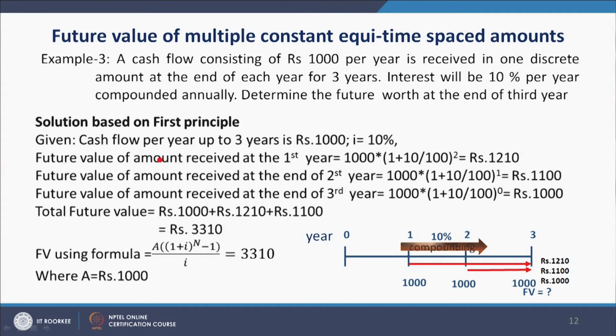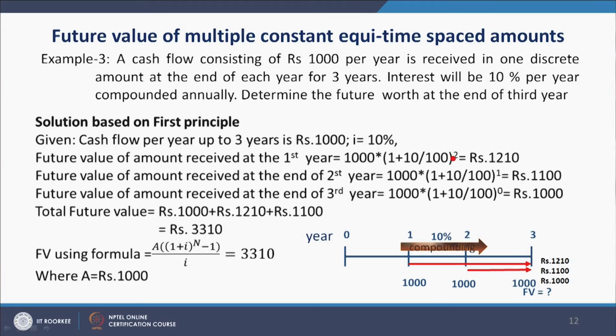Now, what is with us is that cash flow per year up to 3 years is 1000, that means at the end of first year 1000 is paid, end of second year another 1000 is paid, and the third year another 1000 is paid. So, if I find out the future value of this 1000 which is paid at the end of first year, it is there for 2 years. So, the future value is 1000 into (1 plus 10 by 100) to the power 2.